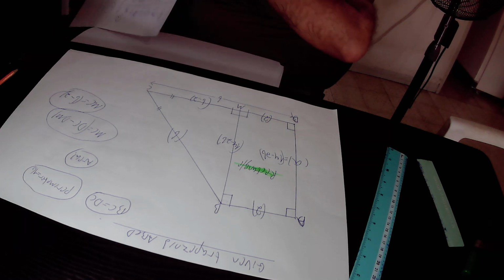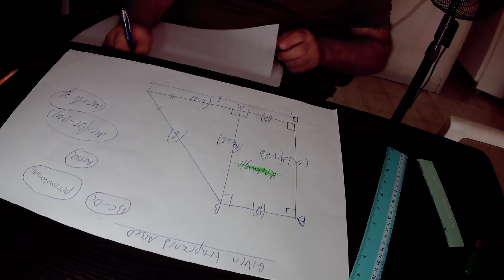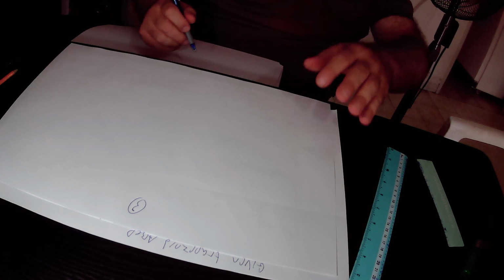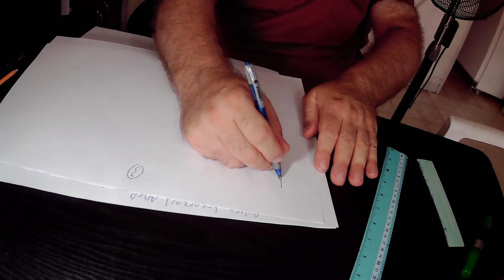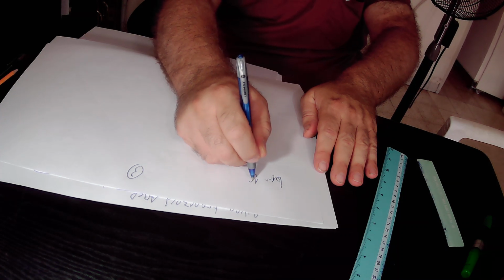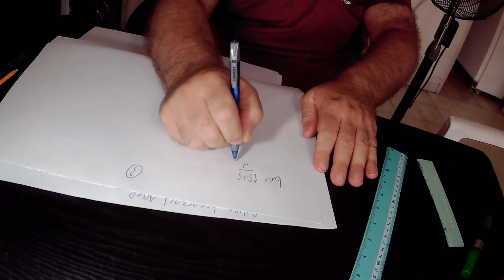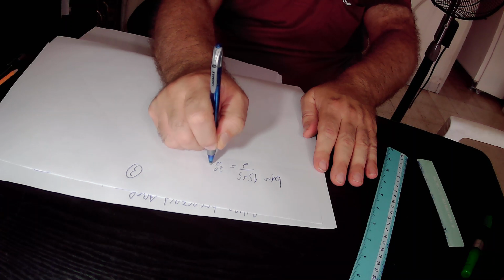So I write it down. The first solution for b is b1, and b1 equals 15 plus 5 over 2. 15 plus 5 is 20, and 20 over 2 is 10.